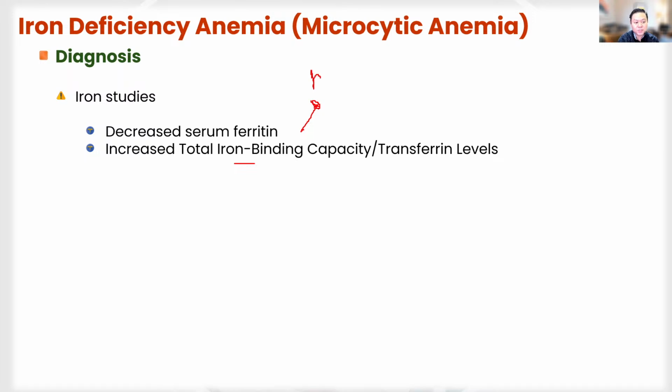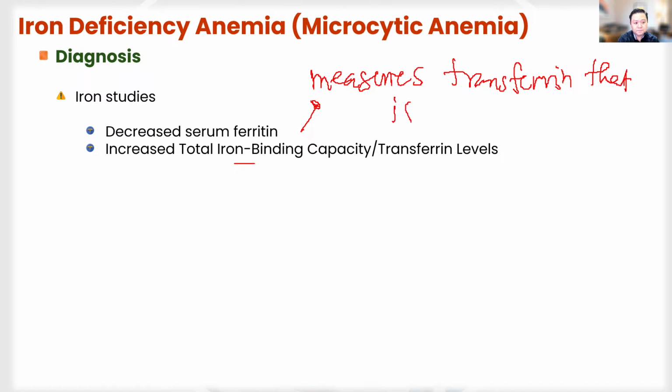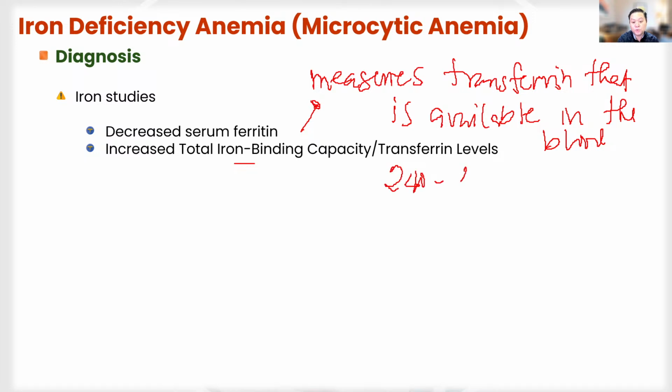It measures transferrin that is available in the blood. And the normal range for the TIBC is about 240 to 450 micrograms per dL.